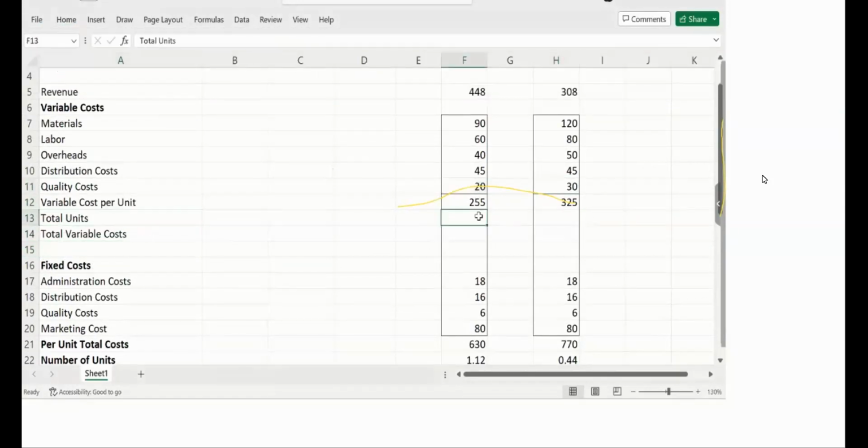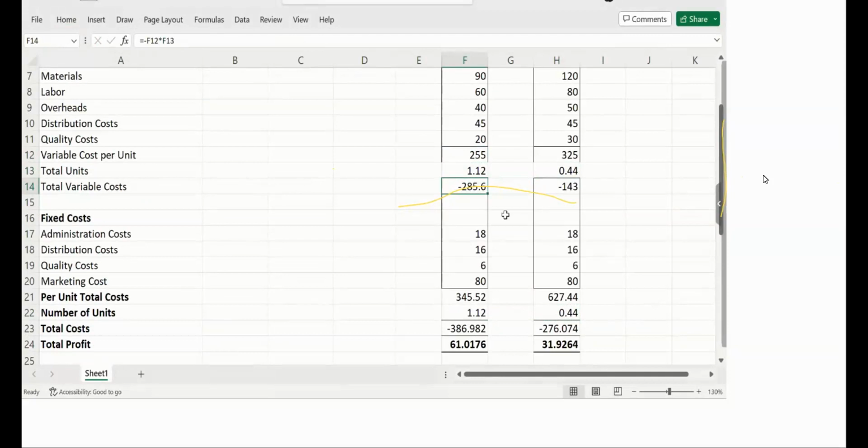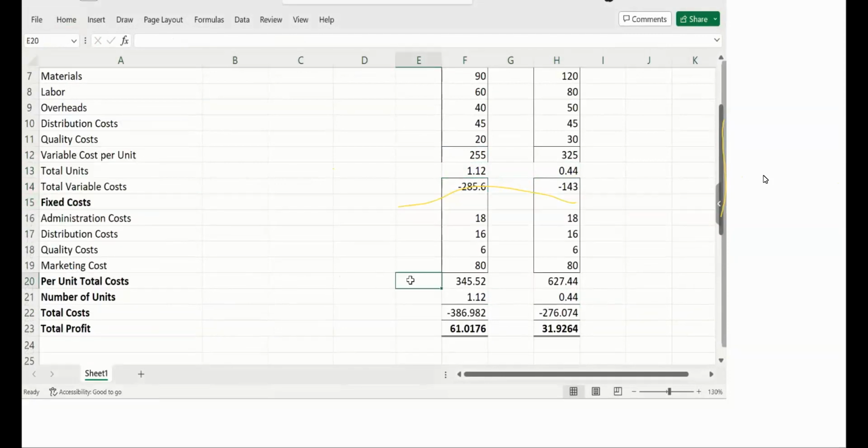Now the total number of units are this. The total variable cost is this. Then you have got the fixed cost. So the total costs are gonna be this.